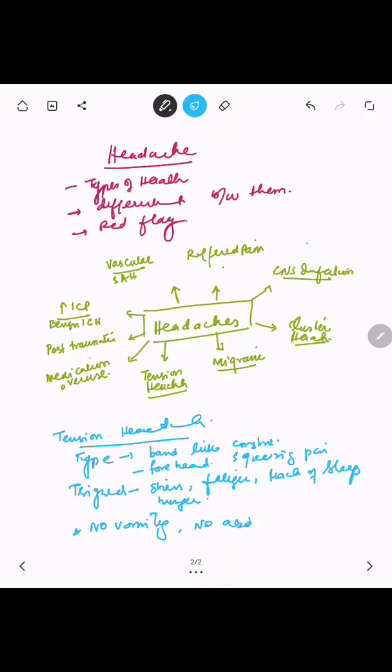So you need to know about them. However, there is no vomiting, no abdominal pain or other systemic symptoms. So one we have discussed is tension type headache.